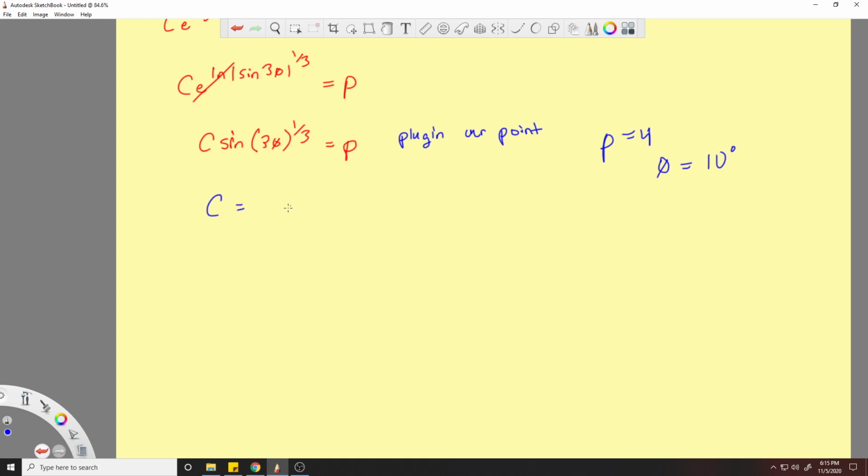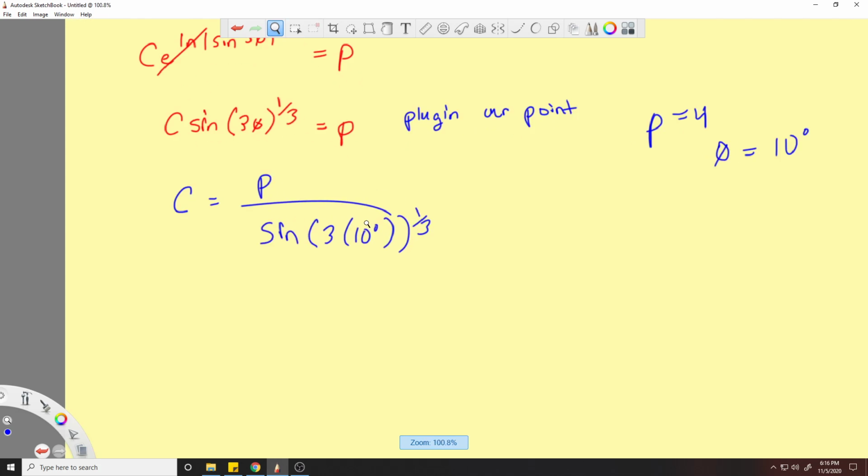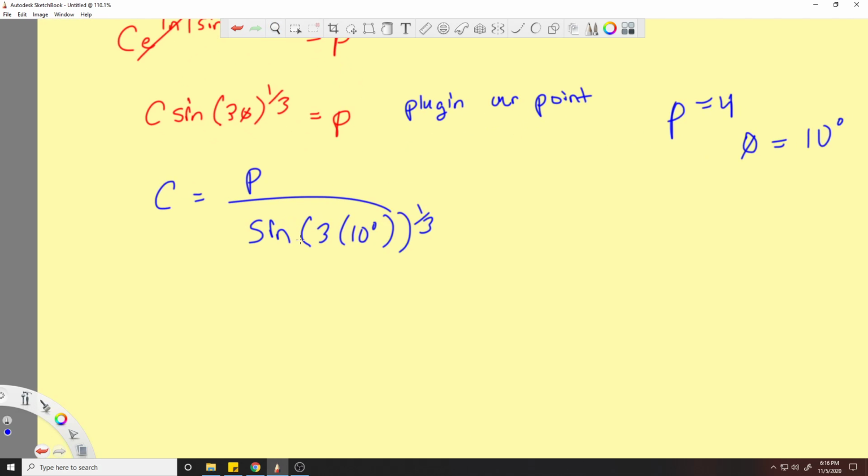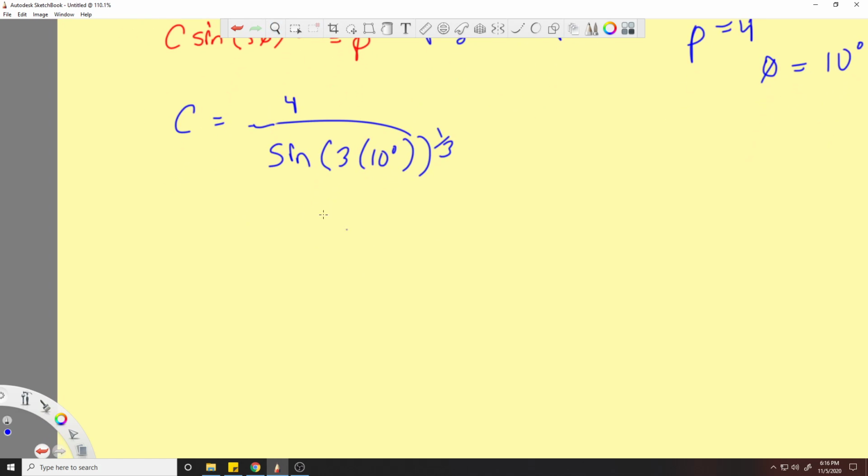We're solving for c, so I'll put rho over sine of 3 phi, actually, I'll just plug them in now. So this will be sine of 3 times 10 degrees to the 1/3, and this will be 4. So now c is equal to 4 over sine 30 degrees to the 1/3 power.